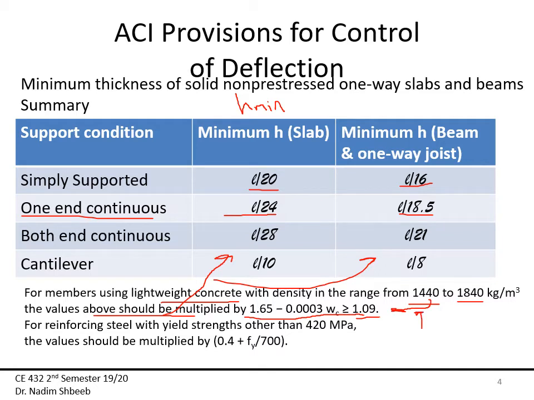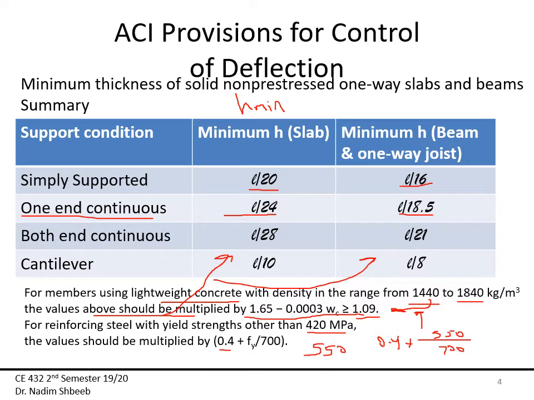Now going to the reinforcement for the yield strength. So if we have any value other than 420 megapascals, then we calculate a new factor, and that number is 0.4 plus Fy divided by 700. So let's say I have a grade steel of 550, then my new factor would be 0.4 plus 550 over 700.